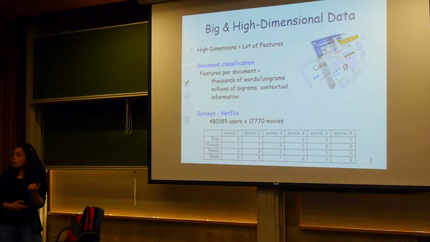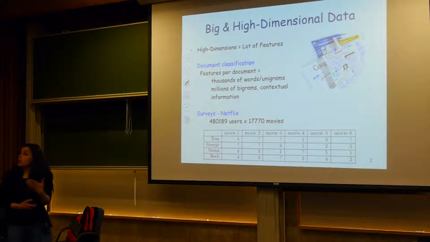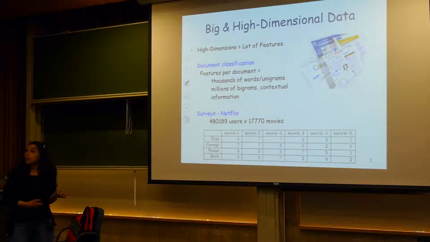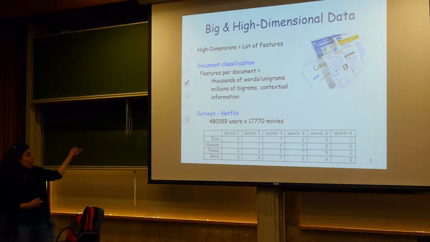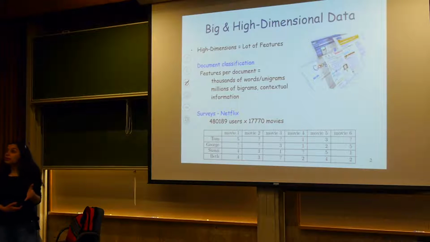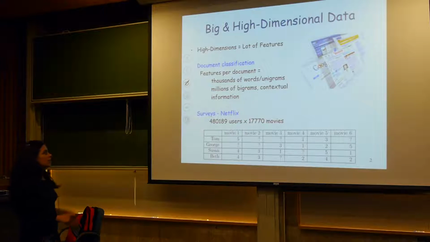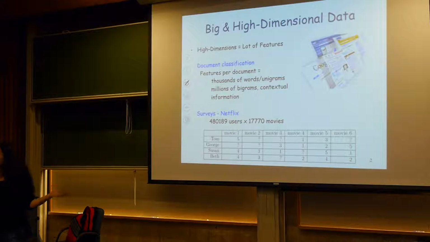Then we mark down if that pair of adjacent words appears in our document and how many times, and so on. If we use bigrams as features, then suddenly we have millions of features. And even if we augment with other types of contextual information, the data becomes even higher dimensional. So that's an example where the data is super high dimensional.